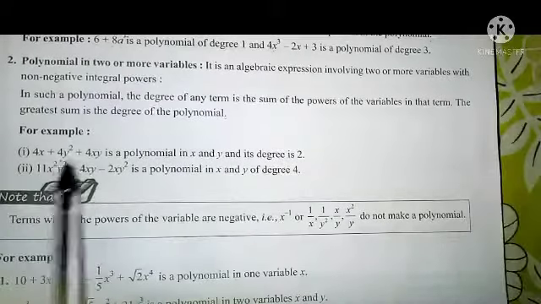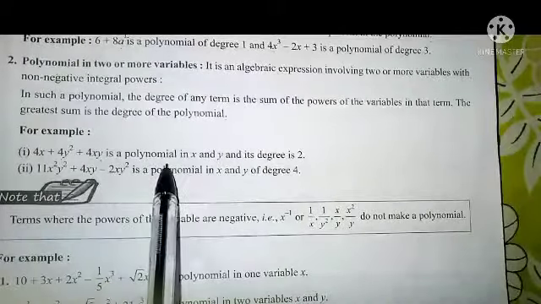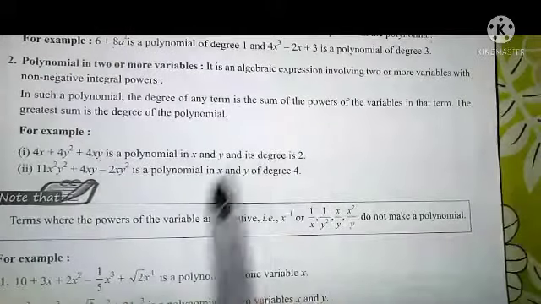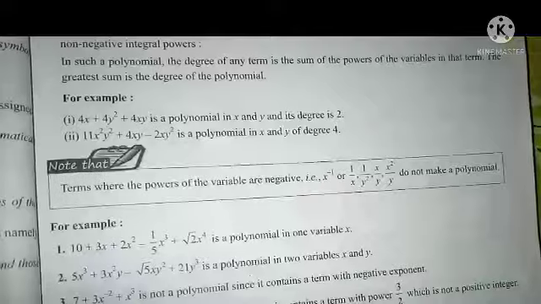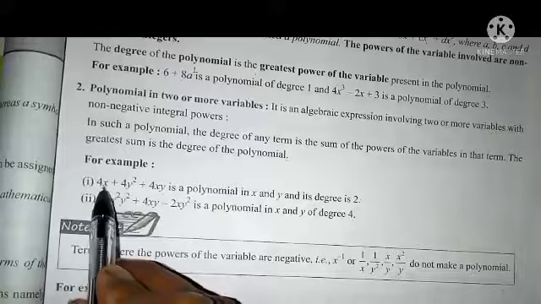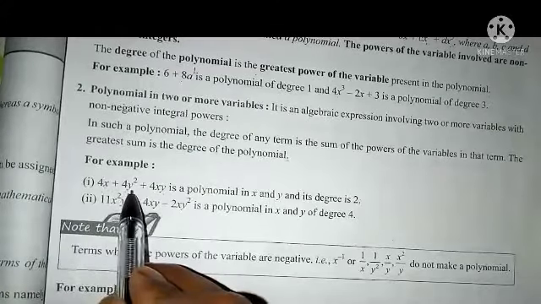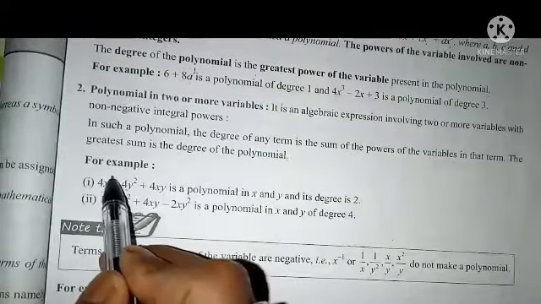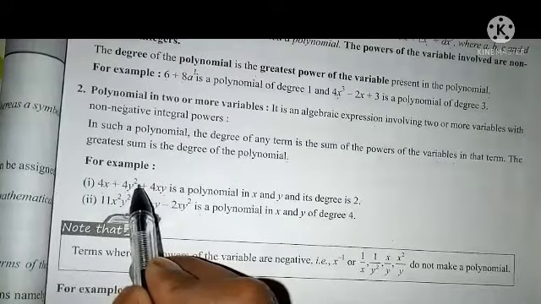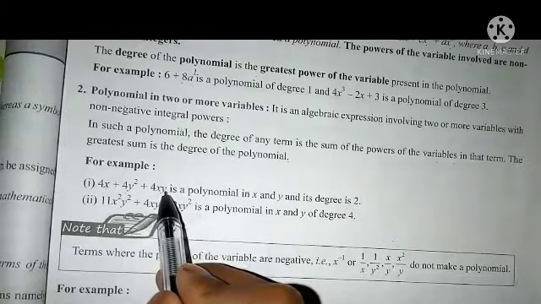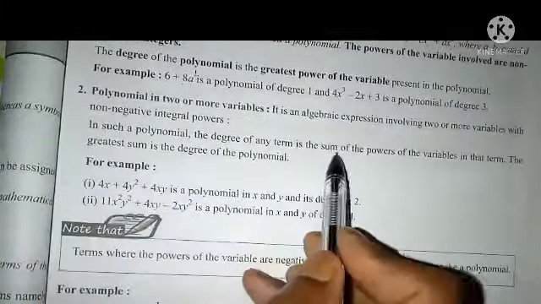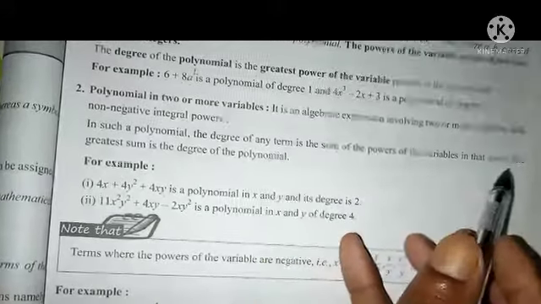4x plus 4y square plus 4xy is a polynomial in x and y, and its degree is 2. See here, 4x plus 4y square. Now 4x, what is the power of x here? Nothing, meaning 1. 4y square, the power of y is 2. Again 4xy. Now what we have read here: in such a polynomial, the degree of any term is the sum of the powers of the variables in that term.